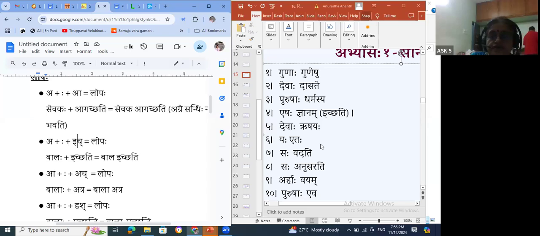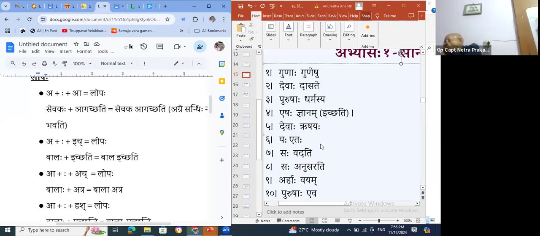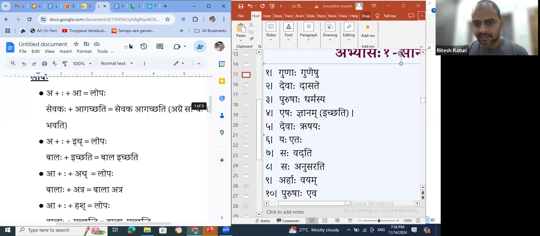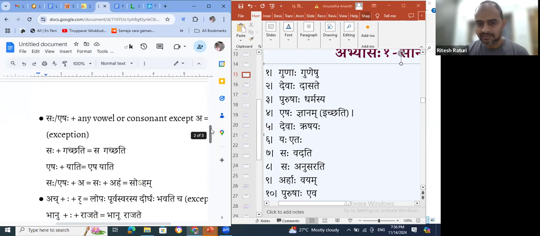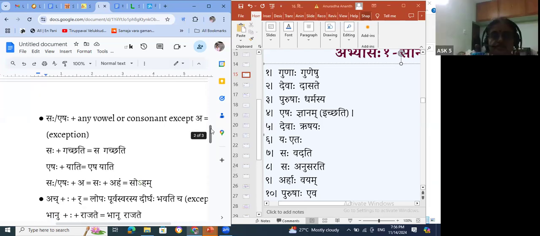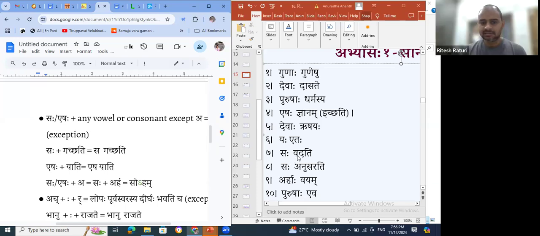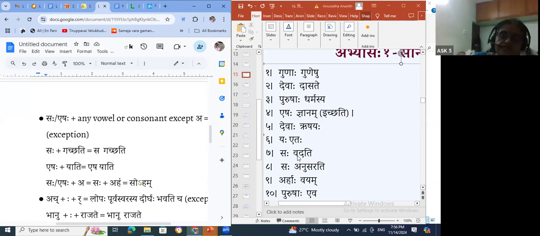Anantaram. Pritesh Mahodaya. Saha vadati. Saha is followed by consonants. Then it is sa vadati. Anything other than Hrasva A. Samyak. Saha anusarati.